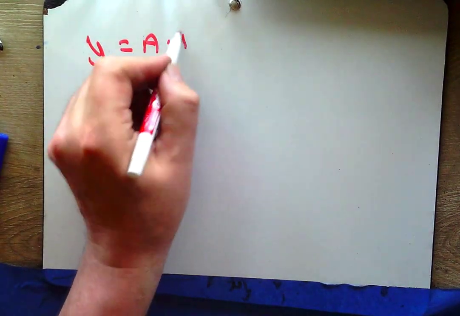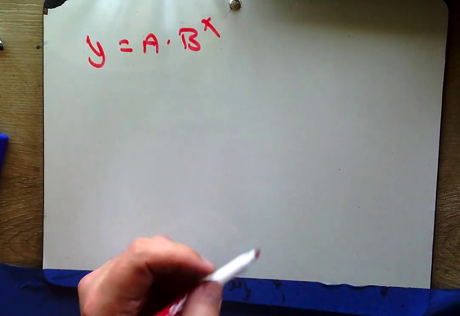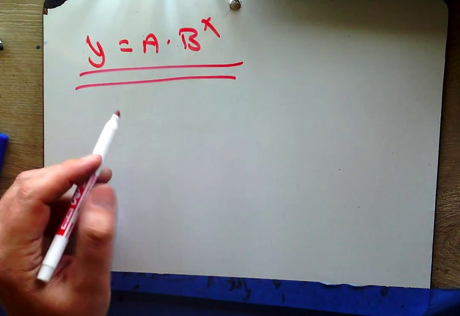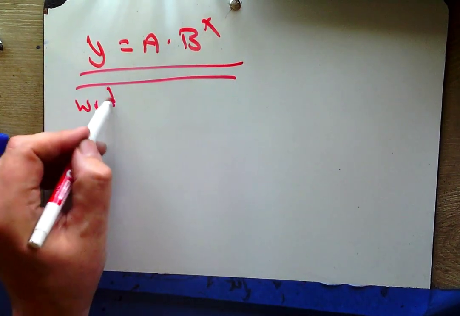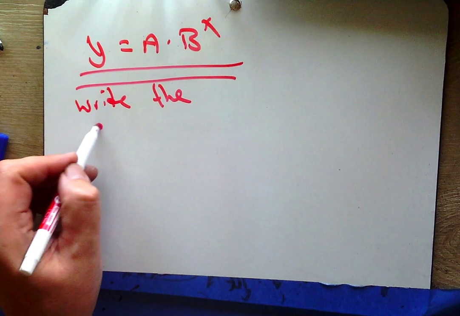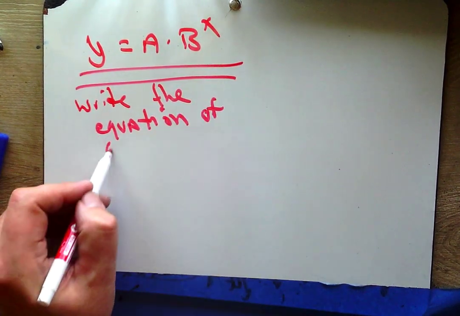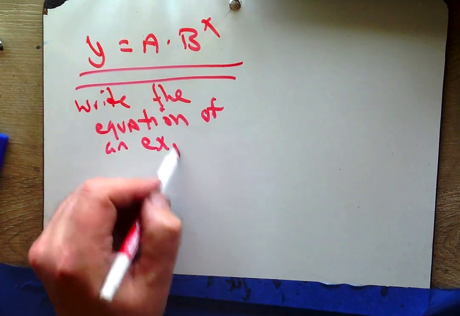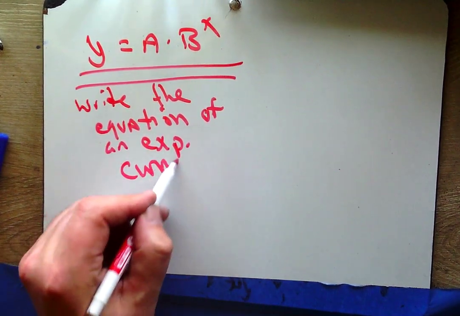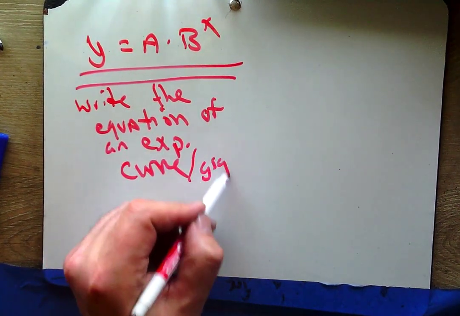And here's the last one. y equals a times b to the x. Sometimes I use this one when I want to write the equation of an exponential curve or graph.